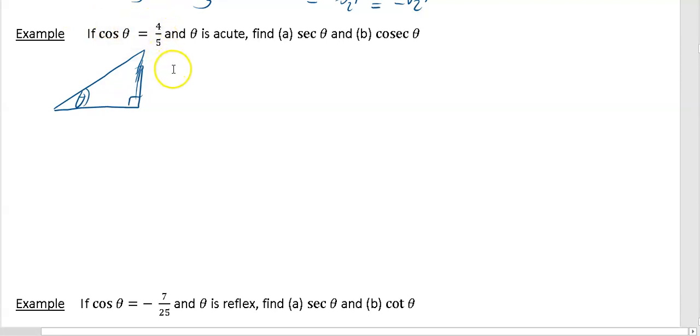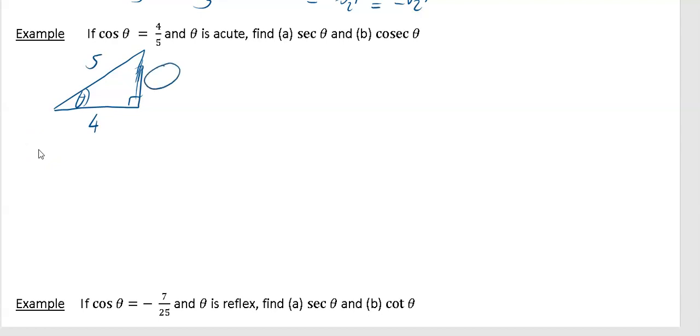Cos, remember, from your basic SOHCAHTOA, is adjacent over hypotenuse. So if this is my theta, then this side is my adjacent, it's 4, and my hypotenuse is 5. You should know this is the most basic right angle triangle, a 3, 4, 5 triangle. If you don't, you would have to work out this 3 using Pythagoras.